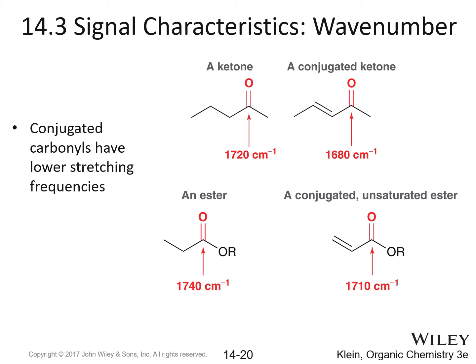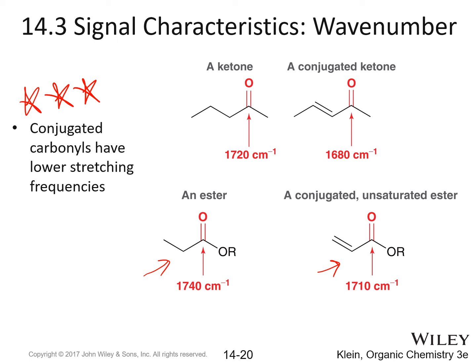Any conjugated carbonyl will have a lower stretching frequency, so that is the key. We just saw the example with ketones, and the same will go for esters. So we have a regular ester versus a conjugated ester.